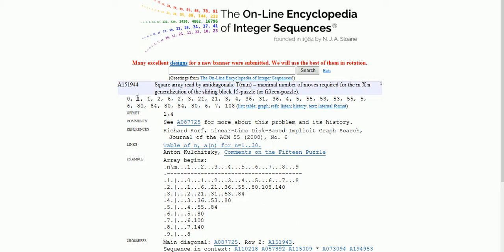If it is 1, the minimum number is 1, etc. Okay, so you can consult this. This is, for those used to this, sequence A151944. Please check this number on the online encyclopedia of integer sequences.